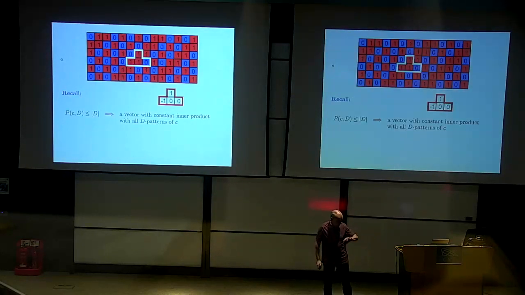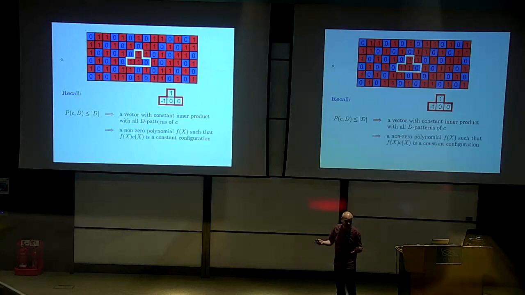Alright, so why is this relevant to us now? So remember, if I have a low complexity configuration, I have a vector with constant inner product with all patterns in my configuration. And that was just a convolution in each position with this shape, with this pattern. And the convolution is exactly the same thing as multiplying with a polynomial.